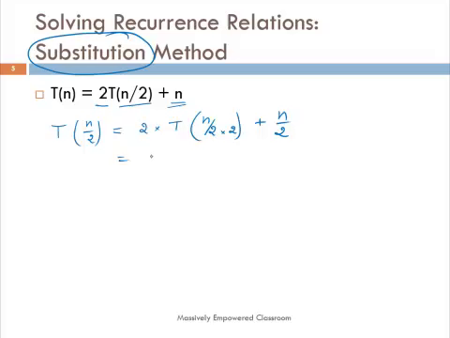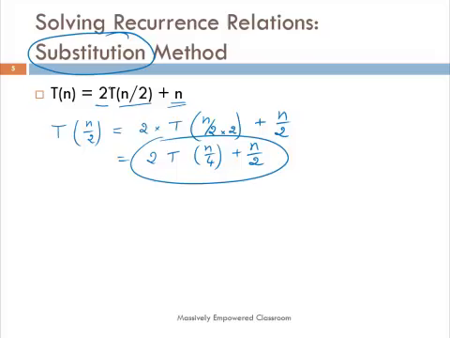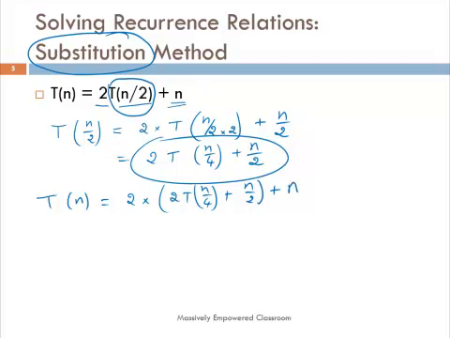So this is nothing but 2t n by 4 plus n by 2. So let's take this and substitute it in place of t of n by 2 there. What do we get? t of n is equal to 2 times 2t n by 4 plus n by 2, plus n.